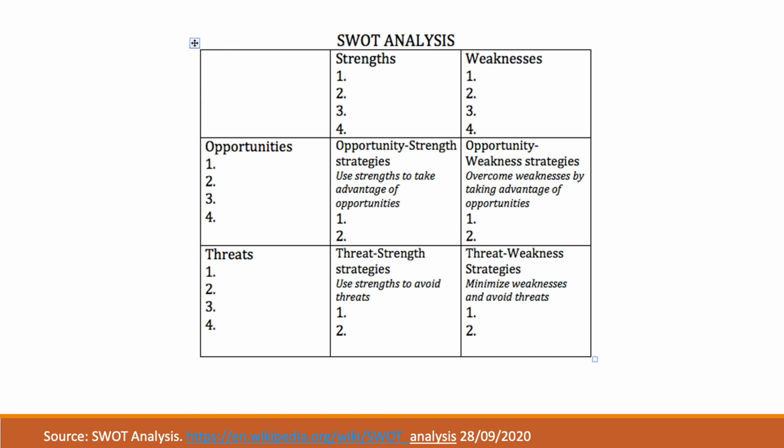You're going to have threat-strength strategies. That is the use of strengths to avoid threats, external menaces. And also you have a weakness-threat strategy, which is to minimize weaknesses and avoid threats. But don't worry about this one.